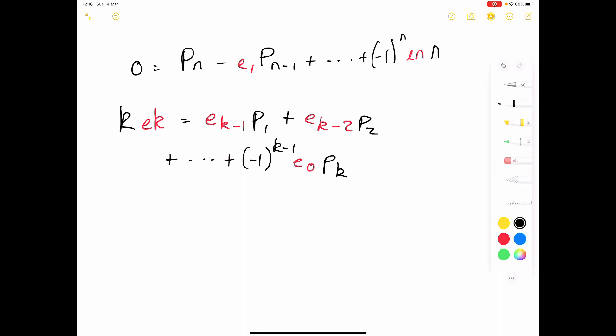And that is the Girard-Newton identity, which we will be using in the next video.